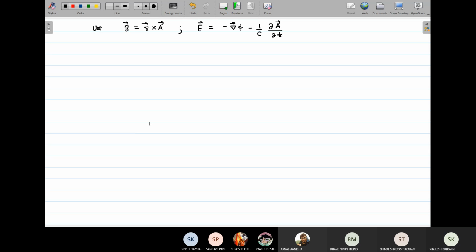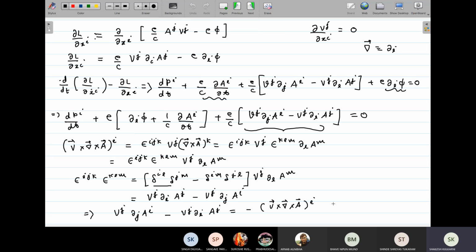Okay, is that clear? So the previous expression will become minus (V cross B) ith component, and this expression is minus Ei.